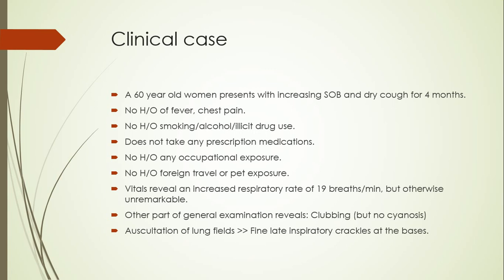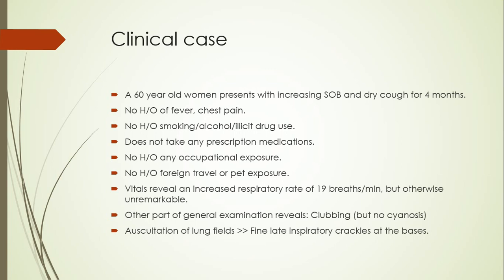This is our case. A 60-year-old woman presenting with increasing shortness of breath and dry cough for the last 4 months. So this patient has a pulmonary problem because she has shortness of breath and dry cough.